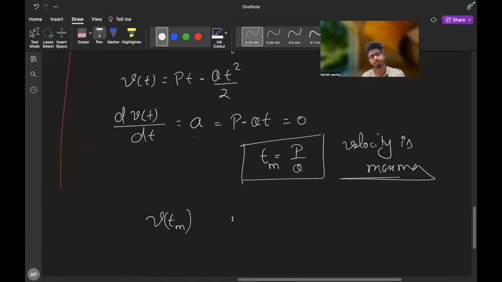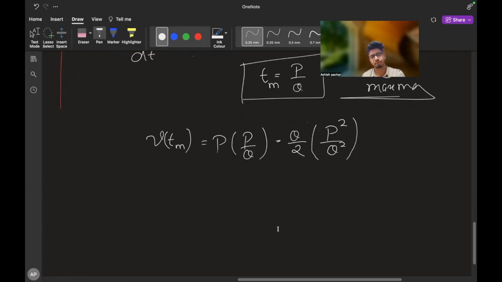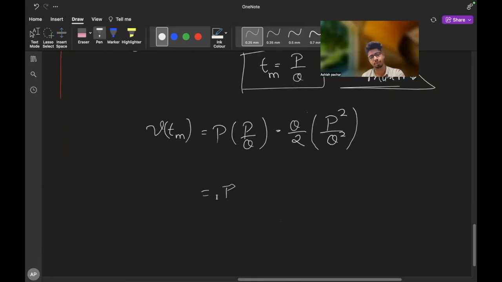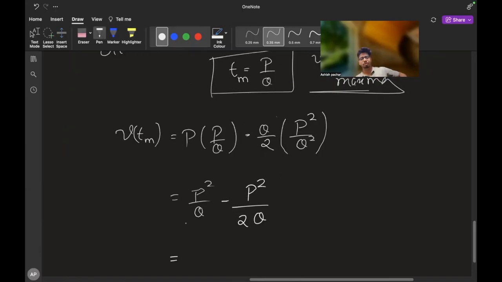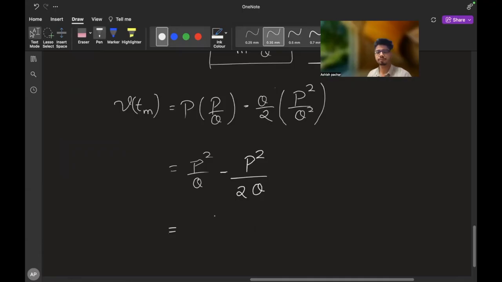Now we get p square by q, minus the squared term, so basically it is p square, and it is just half, so p square by 2q.